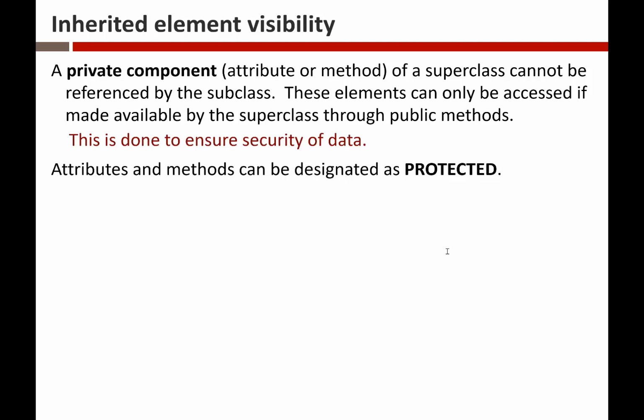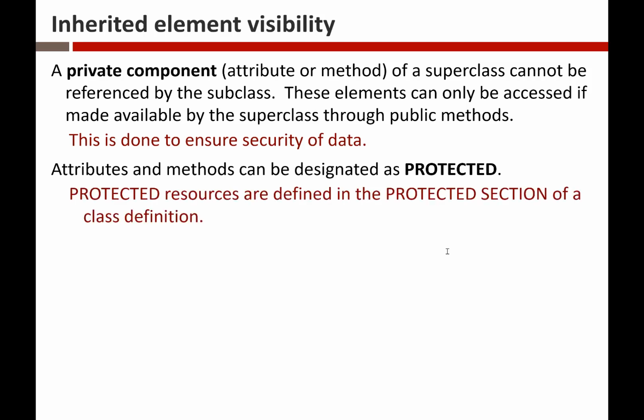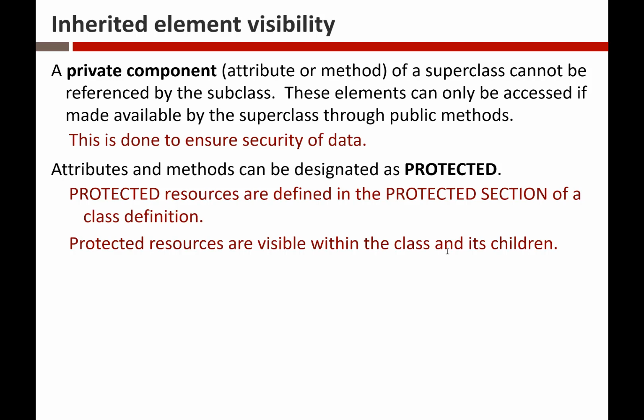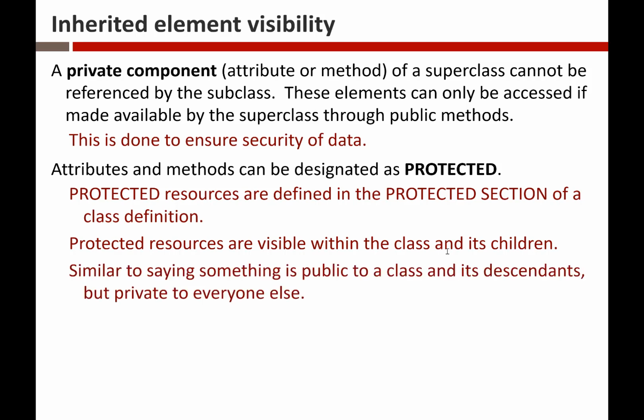I can actually have a protected section. It is a section in the definition of my class, just like where we've seen public and private before. Protected resources are visible in the class, and they're visible to the children of the class.